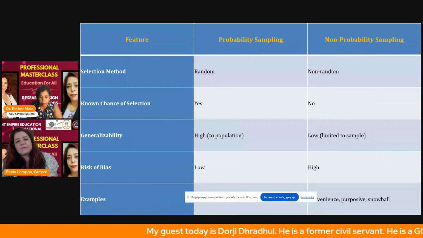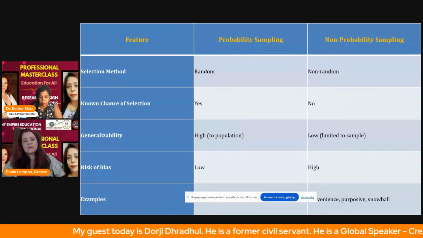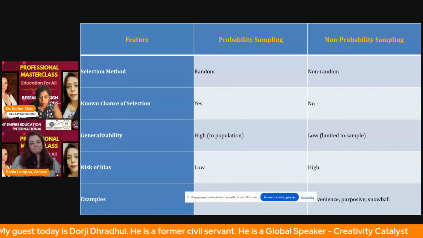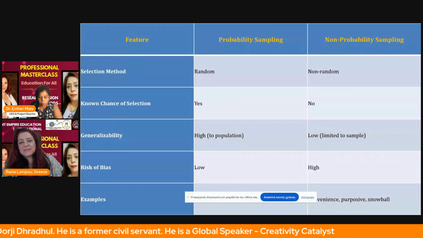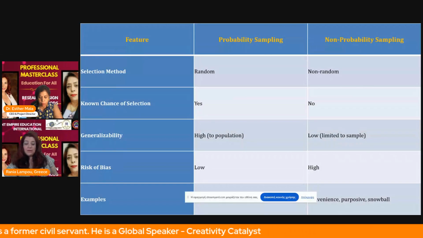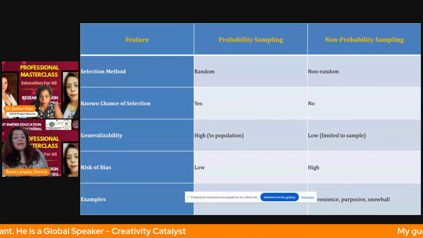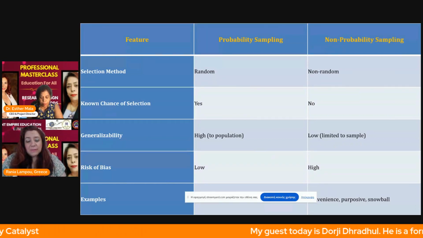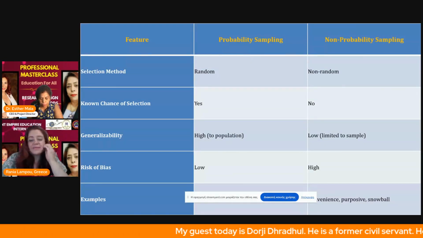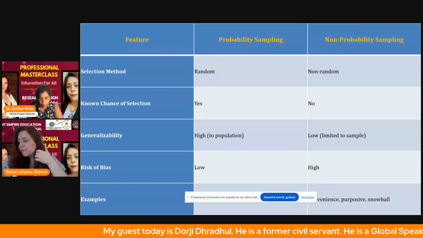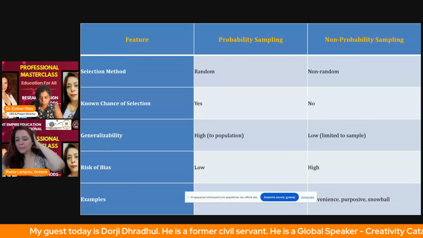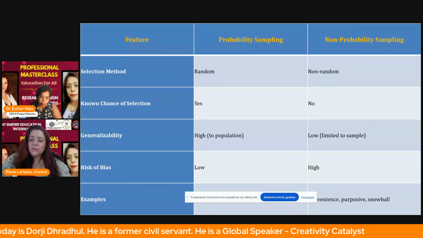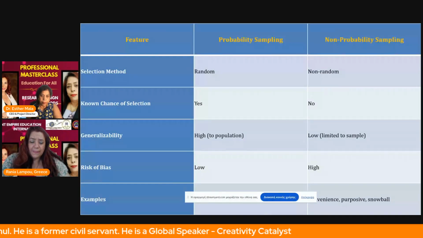The first one, probability, is random, the other one is non-random. The generalizability is high for probability sampling, the other one is low. There is a high risk of bias for non-probability sampling. Examples: probability sampling is simple random, stratified; non-probability sampling is convenience, purposive, quota, and snowball.